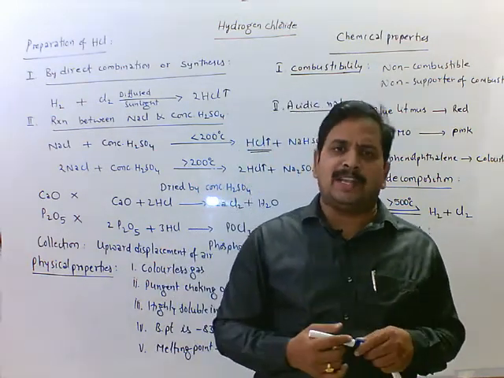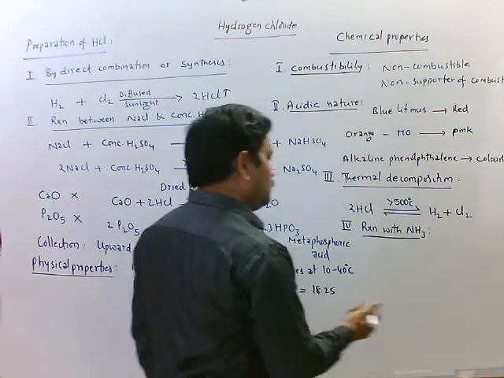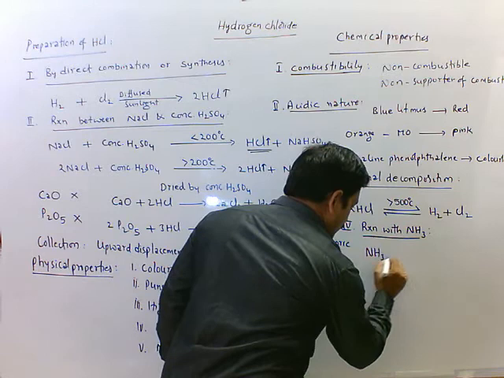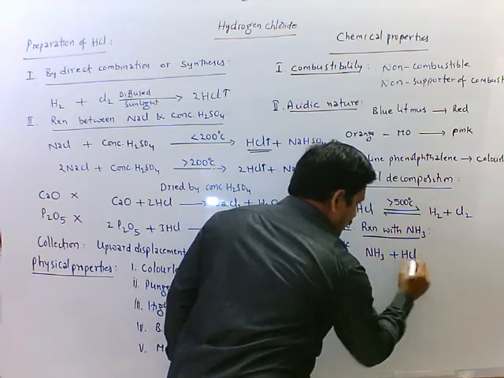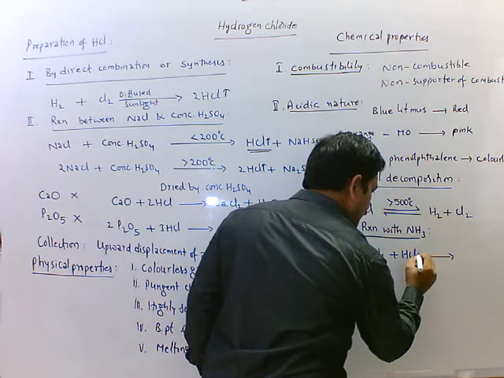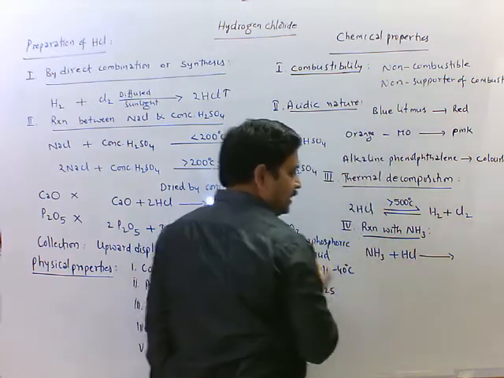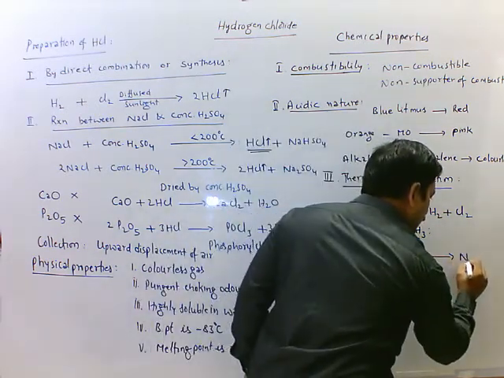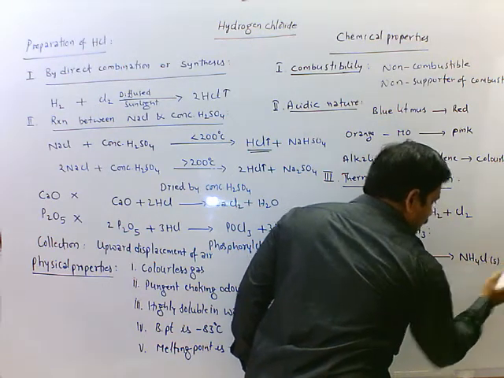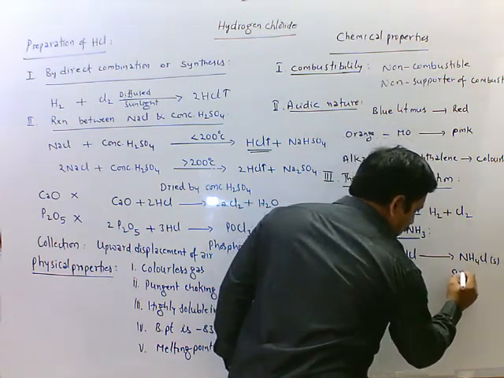That is a sublimating compound. The reaction is NH3 plus HCl gives, HCl is a gas, NH3 is a gas, white dense fumes of ammonium chloride. It is solid. It is a sublimating compound.